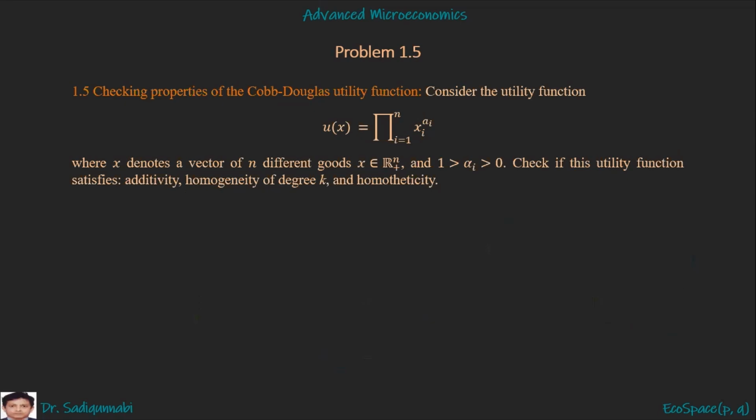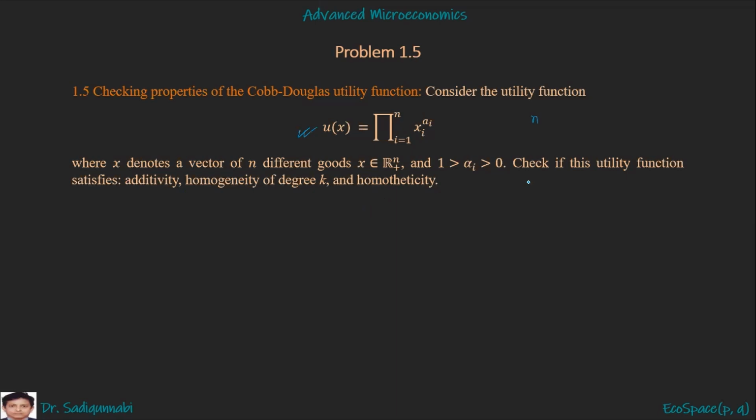1.5 is about checking properties of the Cobb-Douglas utility function. So let's consider the Cobb-Douglas utility function of this type. And you see that the number of goods is n.